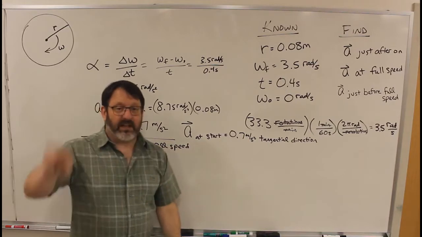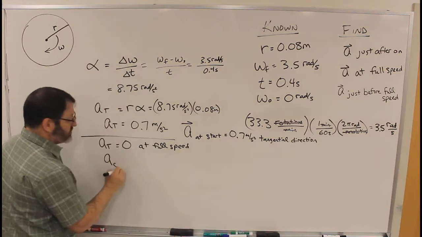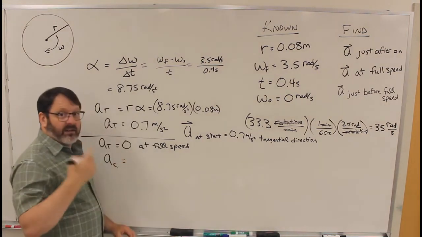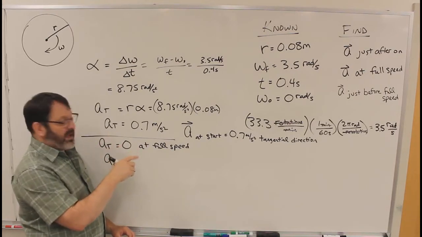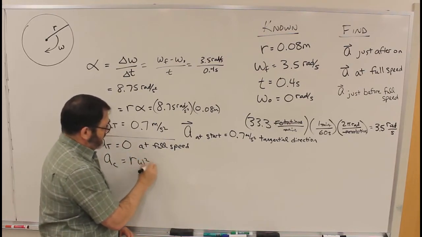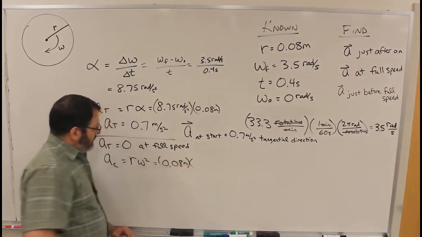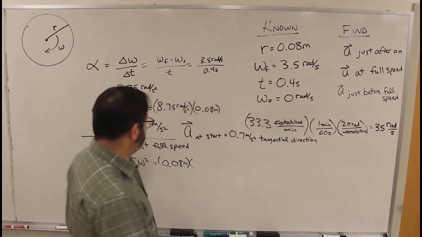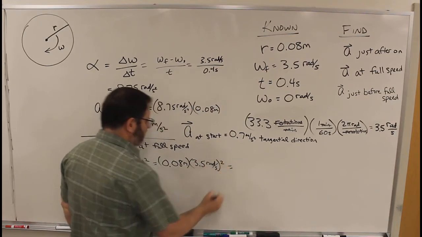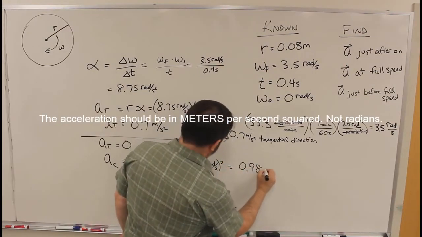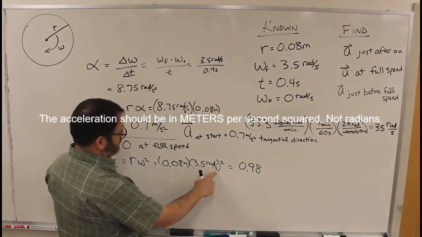But if it's spinning in a circle at a certain speed, we know there's centripetal acceleration. So the centripetal acceleration is v tangential squared over r, or in this case, since we know omega, we can use r omega squared. So that's 0.08 meters times omega final, 3.5 radians per second, squared. 0.98 meters, radians go away, per second squared.